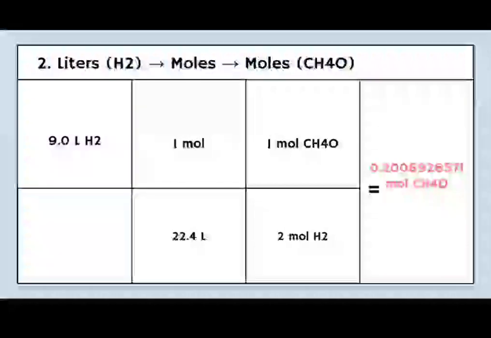Now, using our other reactant, hydrogen gas, we will be converting liters of hydrogen gas to moles of methanol. Starting with 9.0 liters of hydrogen gas, just like our previous problem, for liters we use 22.4 liters because for every mole there is a volume of 22.4 liters.